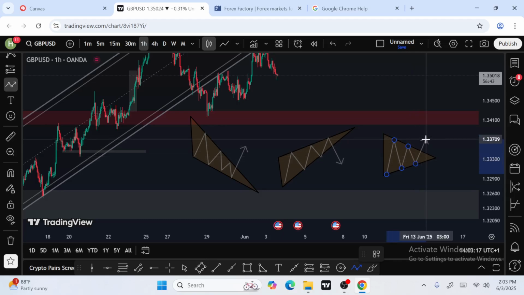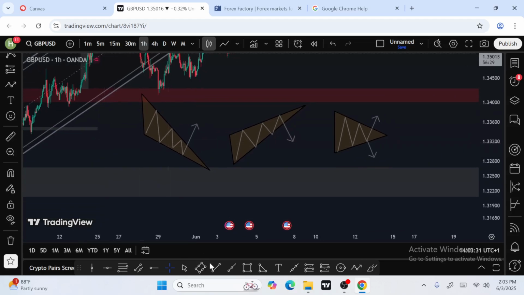A breakout, either to the upside or to the downside. Are we seeing this, guys? It's a symmetrical triangle. It is a what? Symmetrical triangle. This is a falling wedge.